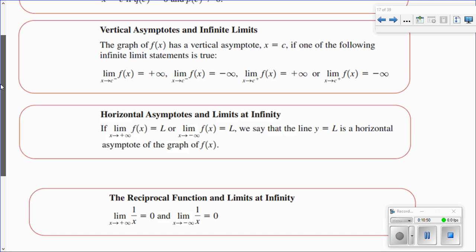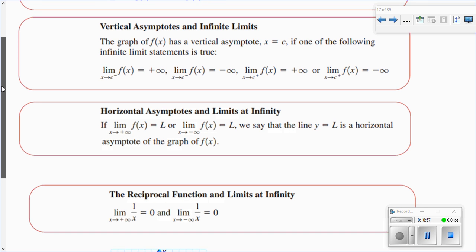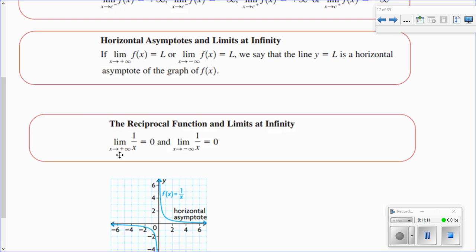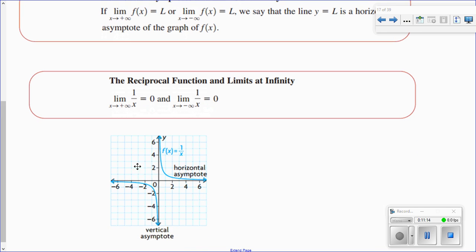That last example had a horizontal asymptote at 0, and that was because the degree of the denominator was 2 and the degree of the numerator was 1. So the denominator grew larger than the numerator, so it tended to 0. That was similar to this reciprocal function. Yes, we had some vertical asymptotes, but basically this reciprocal function looks like that. So I'll leave you guys to that and those definitions.